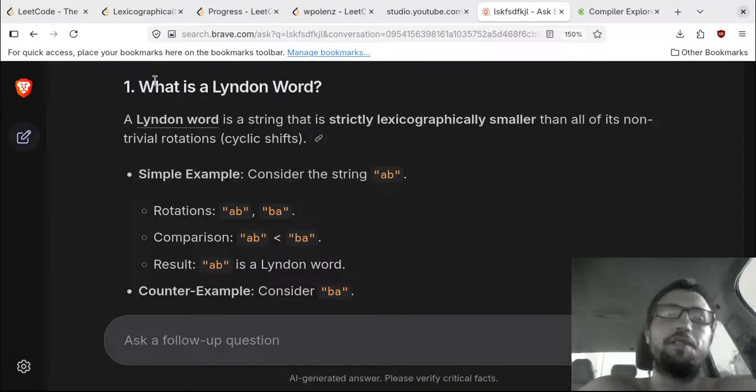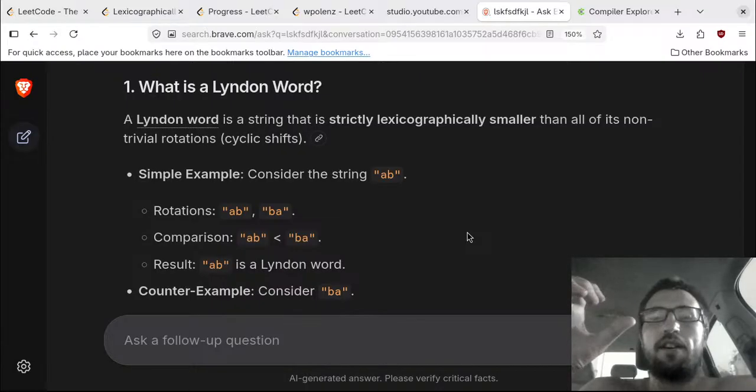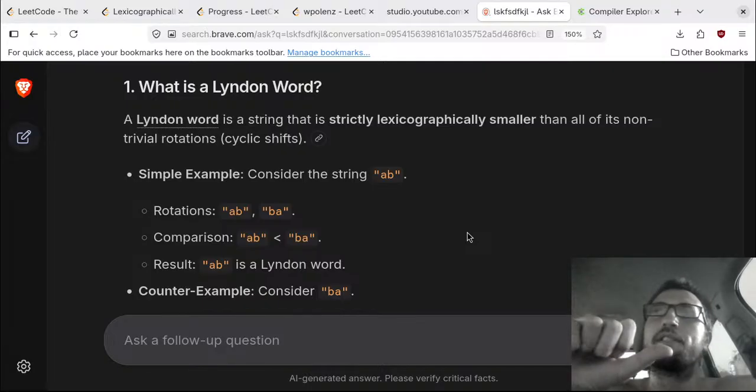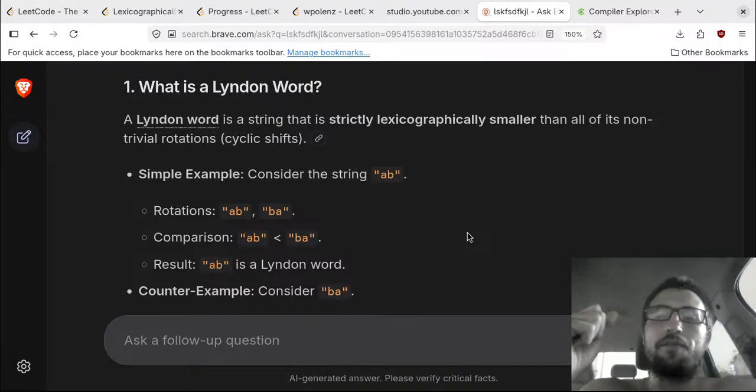Now, what's interesting about the Lyndon word is that Lyndon factorization allows me to find the strictly smallest lexicographical rotation of the whole string.